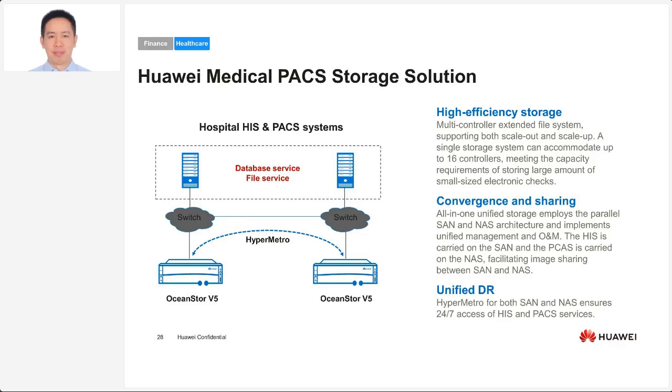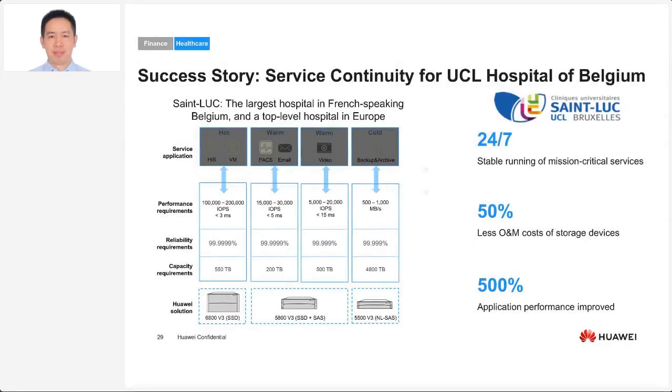In this kind of scenario, we use the HyperMetro technology to ensure 24/7 access from the other side, and keep the critical business, which we mentioned is in the PACS or the health system, running all the time. So these features are needed to keep the data and the business secure.